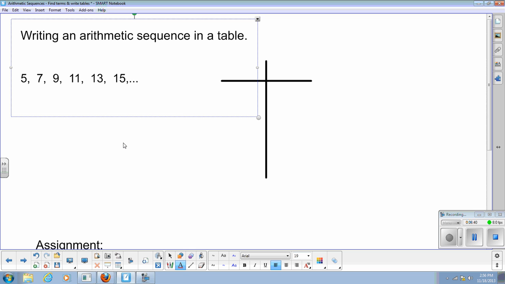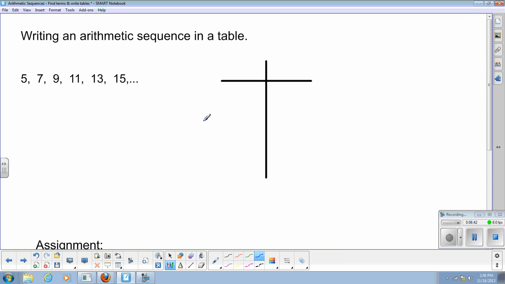Okay, so putting this in a table now. When we put this in a table, we're going to create a t-table running up and down. So you want to make one line going up and down like this one right here, and another line going across. In the left-hand column, we're going to put this heading, term number.